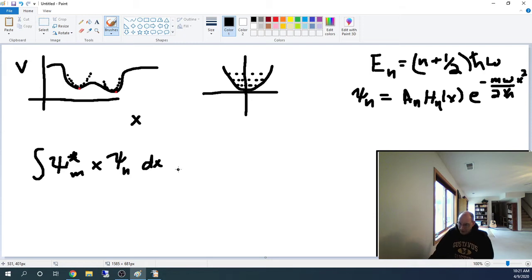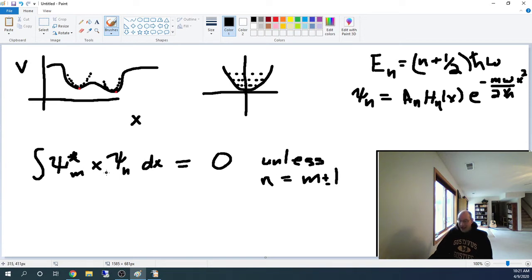Well, it turns out that this integral is 0 under all circumstances unless a specific condition on N and M exists, namely that N is equal to M plus or minus 1. So N and M can only differ by 1. Okay, so N is equal to M plus or minus 1.